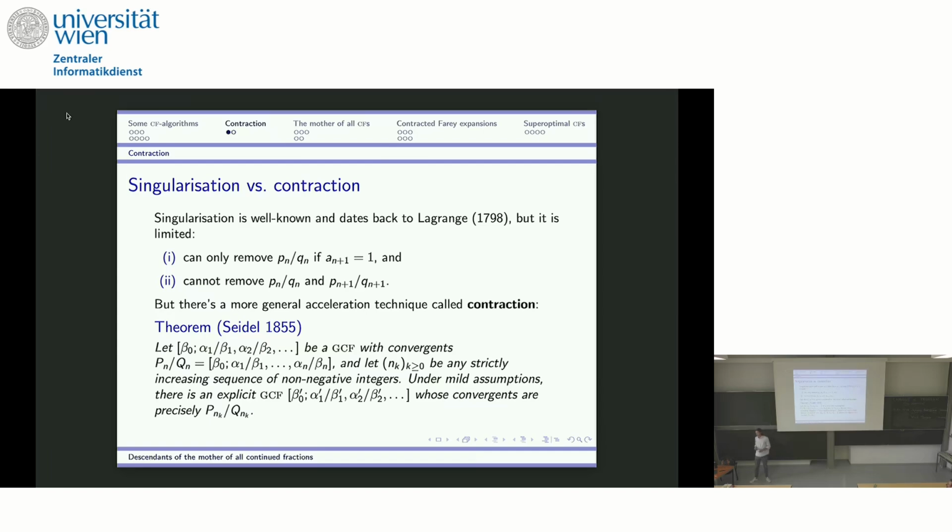This removes both of these restrictions, 1 and 2, from singularization. You can remove any of the convergents you want and as many blocks of convergents as you want. I say it's been overlooked in the dynamical community. People are aware of this result of Seidel, and it's used in the arithmetic theory of continued fractions. But even there, it's usually in a restricted sense: usually this subsequence is the sequence of even or odd integers. So it's not usually used in full generality.